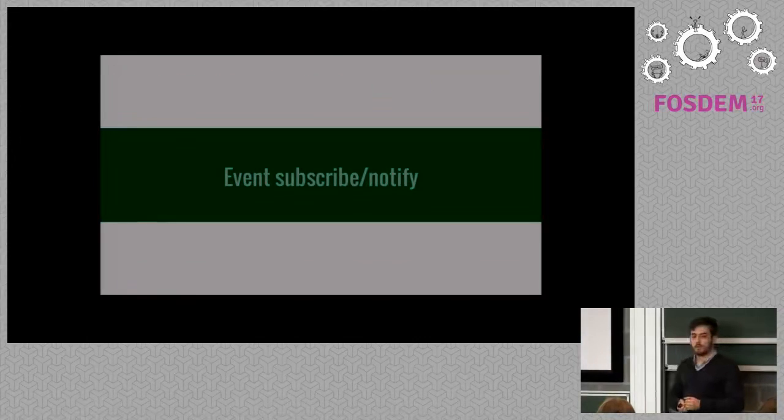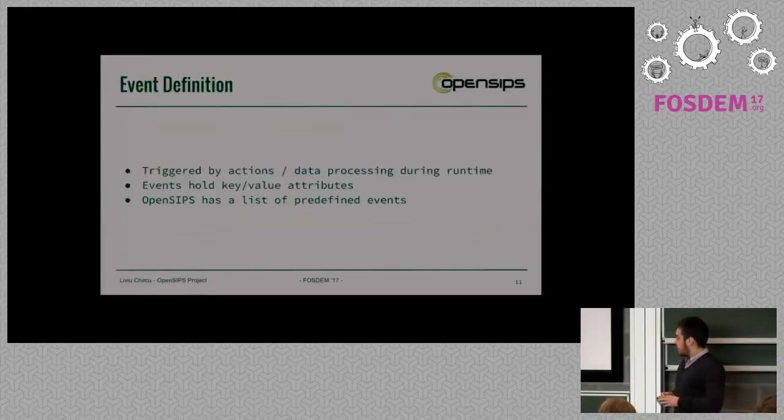So I'm going to now go into the event mechanism and look in a bit more detail at how they work and how we structure them. The events are triggered by some sort of, let's not just call them messages that OpenSIPS receives, but rather some point in execution, such as when a user is saved in the location, or any sort of action like this.